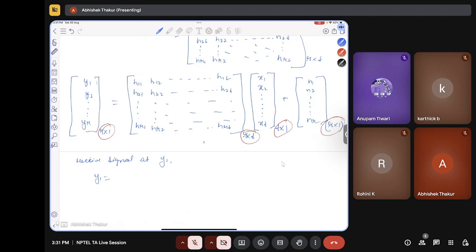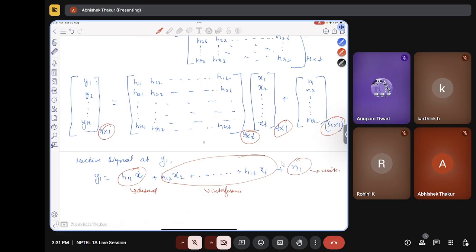This is the multiplication of the first row in the channel matrix with the column vector, like h11 x1 plus h12 x2 dot dot dot h1t xt plus n1. So this is our desired component, and these are interference, and this is noise.